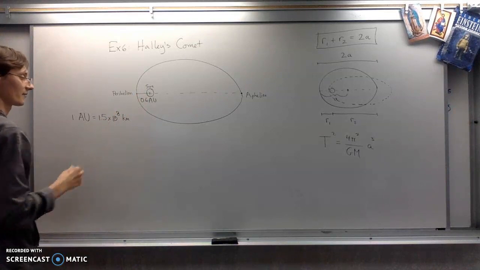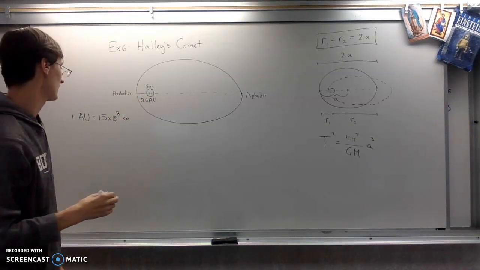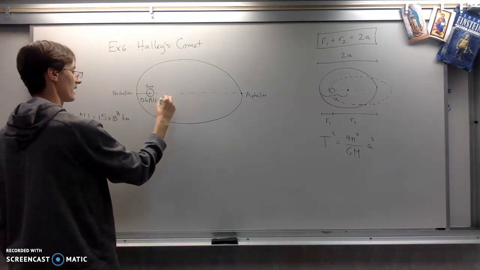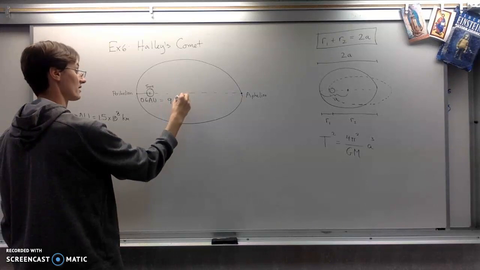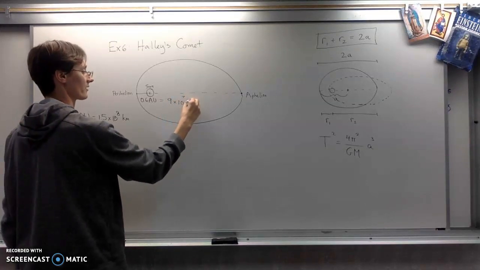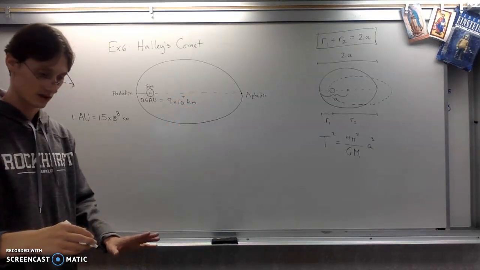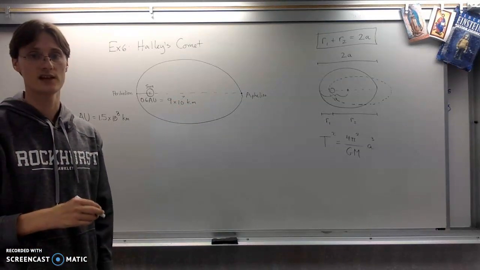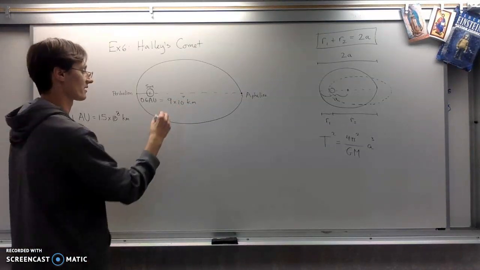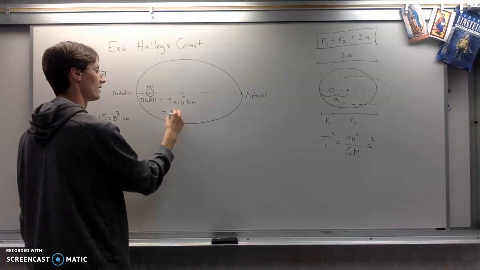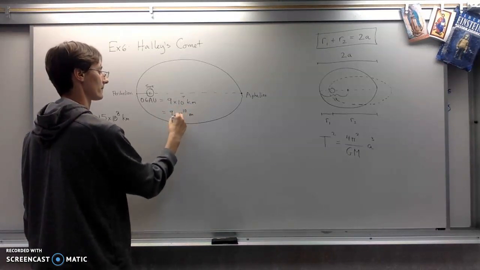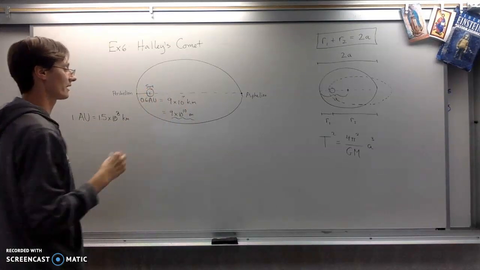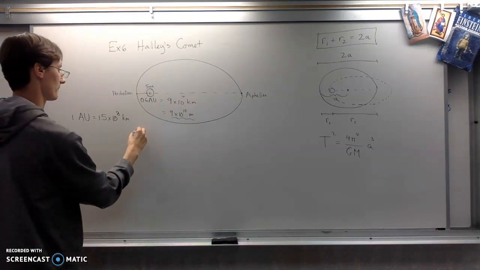Just 0.6 times 1.5 times 10 to the 8th kilometers. We're going to get 9 times 10 to the 7th kilometers. Now just preemptively, let's go ahead and change that to meters because kilometers is not going to be useful. 9 times 10 to the 10th meters is our perihelion distance.